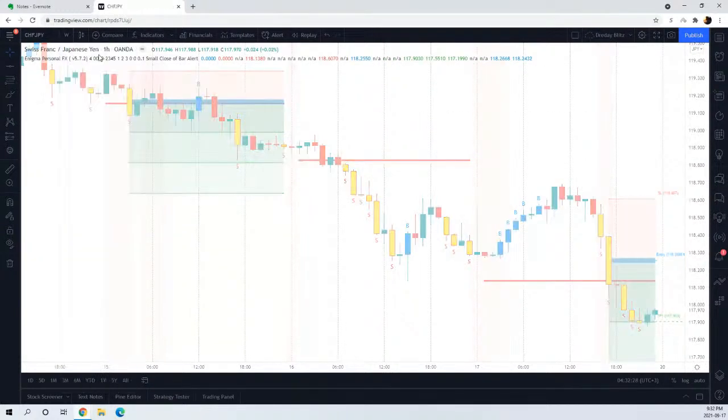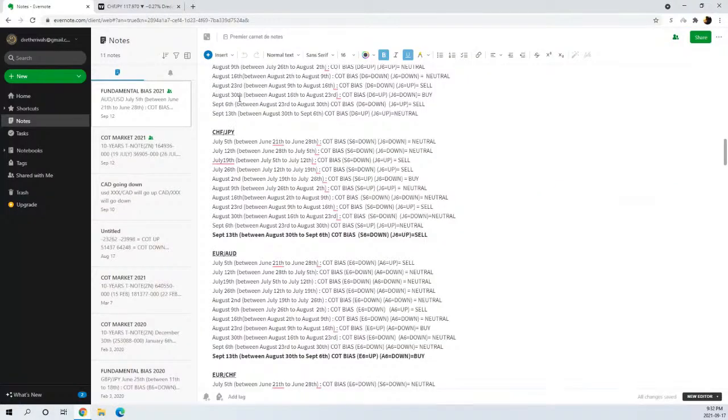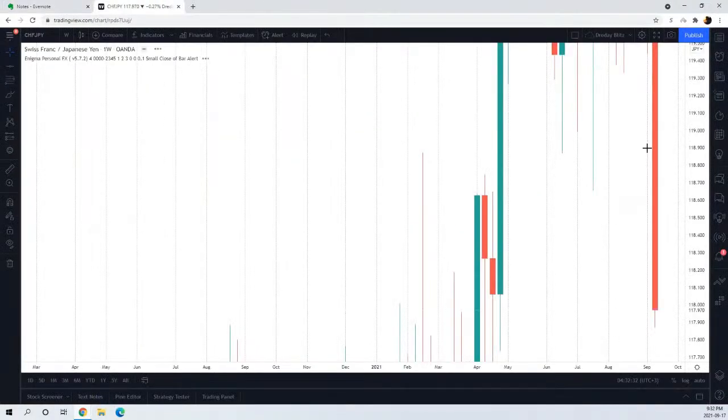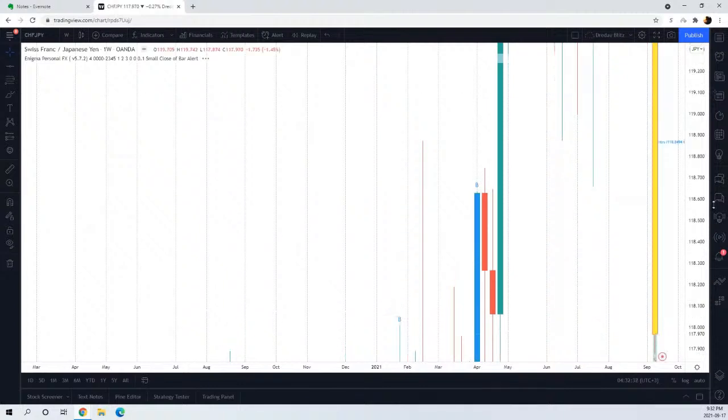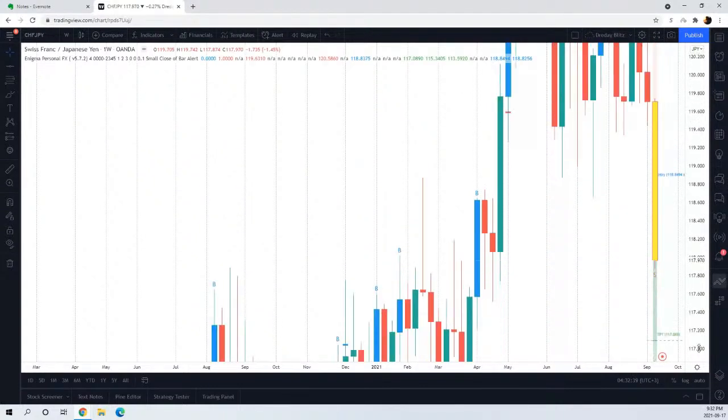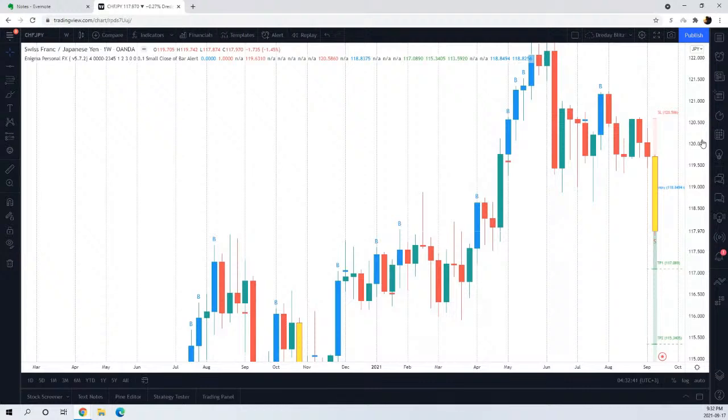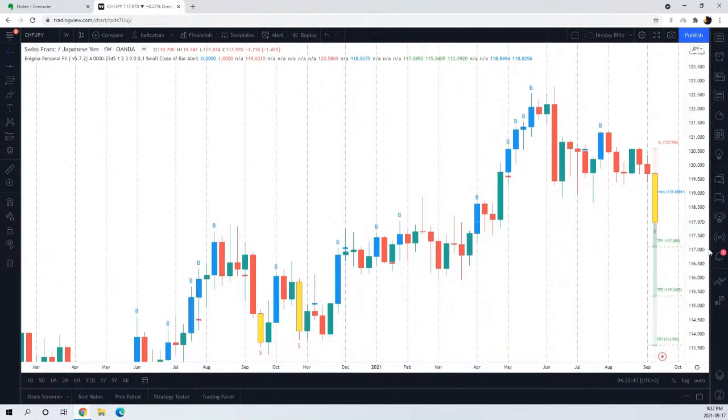Let's go on the weekly. So we said CHFJPY. What did we say exactly? It was a sell. Okay, let's see. Oops. Let's go down. Look at that.